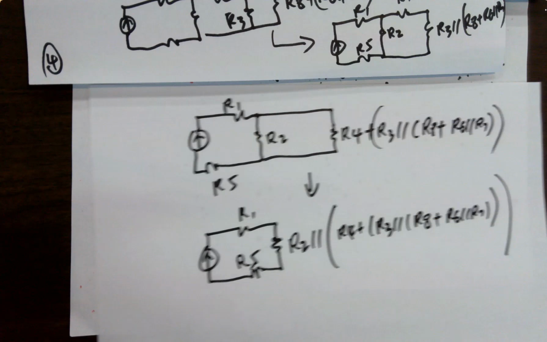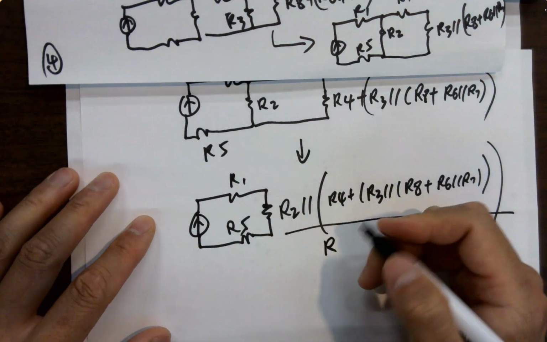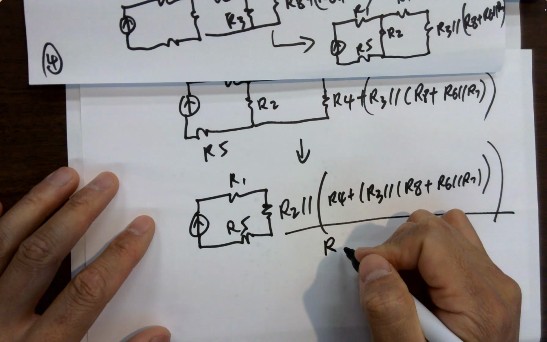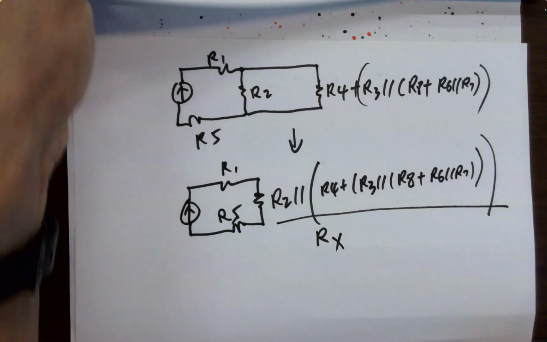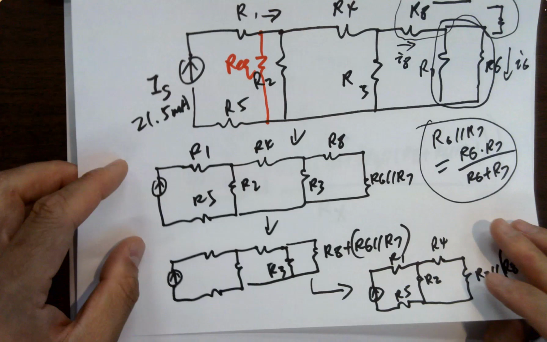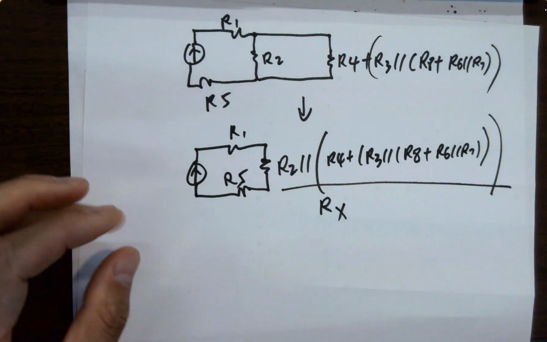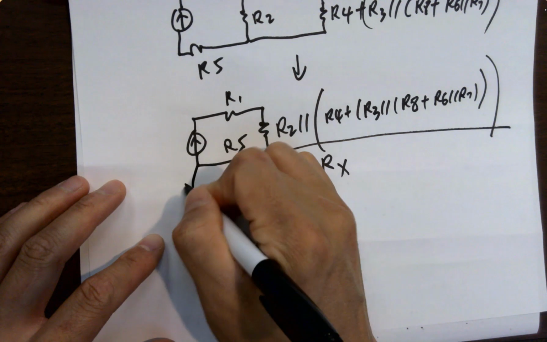Okay, so let's call this R X, for example. So what's next? It's probably asking you to calculate all the branch currents. Big ground here.